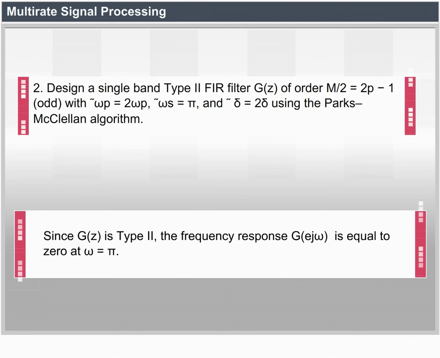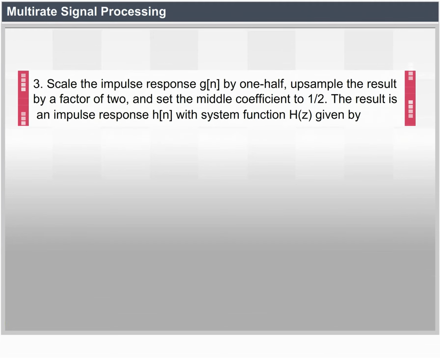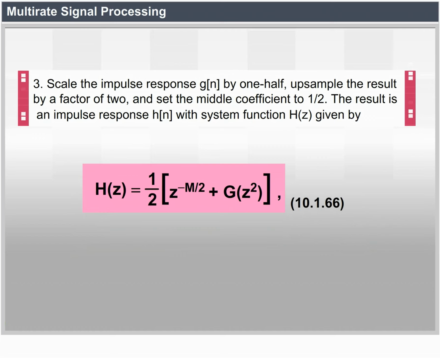Scale the impulse response g(n) by 1/2, upsample the result by a factor of 2 and set the middle coefficient to 1/2. The result is an impulse response h(n) with system function H(z) = 1/2 z^(-m/2) + g(z^2), called equation 10.1.66, which is a half-band filter with the passband cutoff frequency omega p.